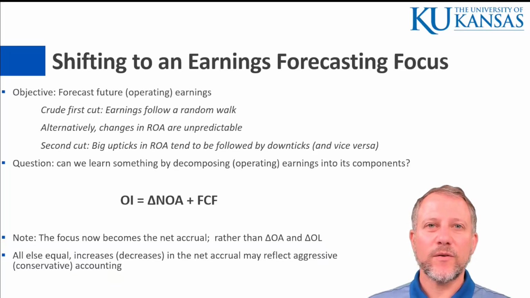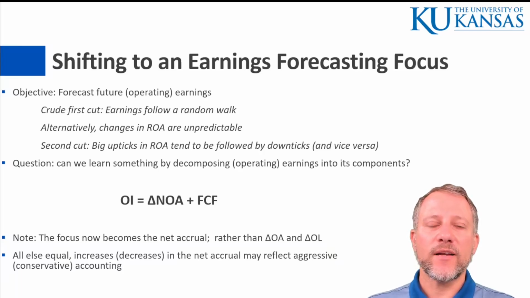Now, if we want to focus on the accrual component of that, the effect of accruals on profitability is that they tend to reverse in the future. And so in the current period, if we've over accrued, if we've been aggressive in recording too much operating assets, that's going to reverse in the future, perhaps in the form of increased depreciation or a future write-down, something like that.